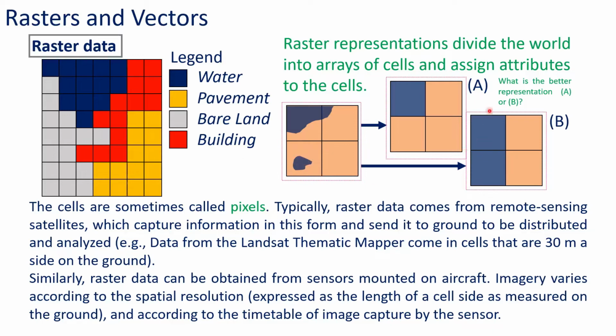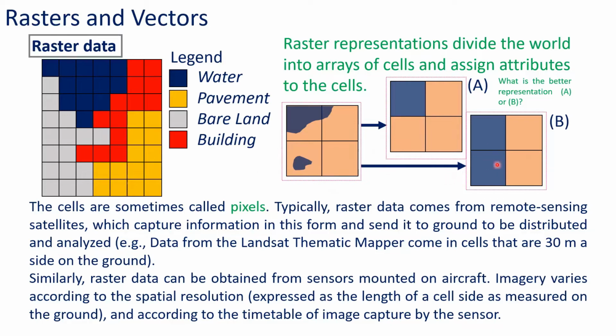In the percentage area representation mechanism, we only look at the area of the square, and if the water area is lesser than say 50%, for the discussion's sake, then we classify this one as bare land because the major proportion belongs to the bare land.